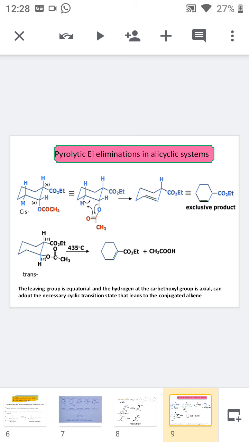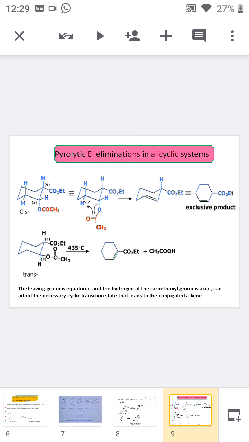So which hydrogen will we take? We can see that if the OCOCH3 exists in the axial position, there is no axial hydrogen atom in the same plane here. That's why ring flipping will occur to form the next conformation.